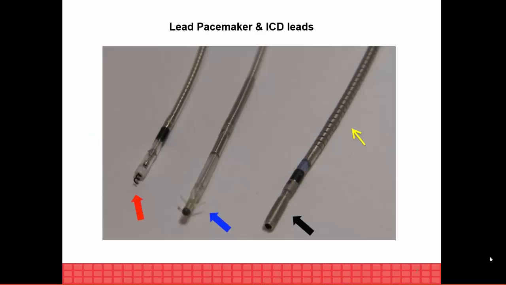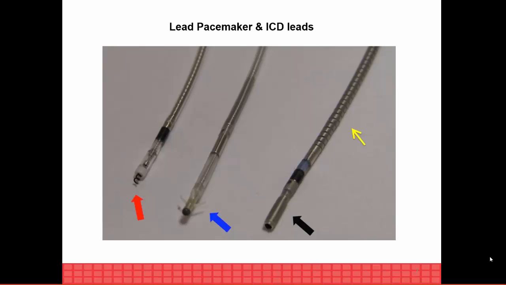So what do the leads look like? There are a variety of leads. Most likely for a defibrillator patient, you will see an active fixation lead. This lead is to the far left with the red arrow. You'll see the screw at the tip. This screw actually is deployed into the right ventricle to stabilize it, and it can also be used in the right atrium. To the far right is a defibrillation lead.